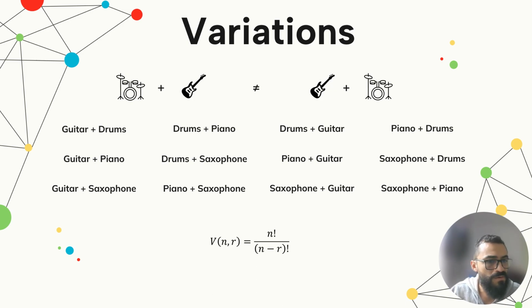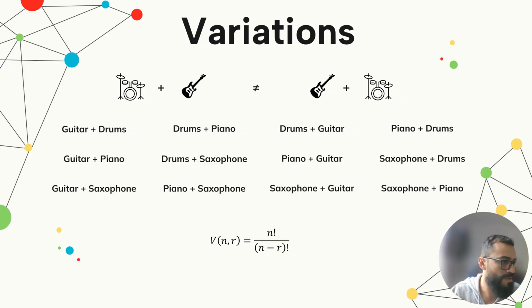So the formula for this concept is variation of n and r equals n factorial divided by n minus r factorial, where n and r are the same elements that we have mentioned previously.